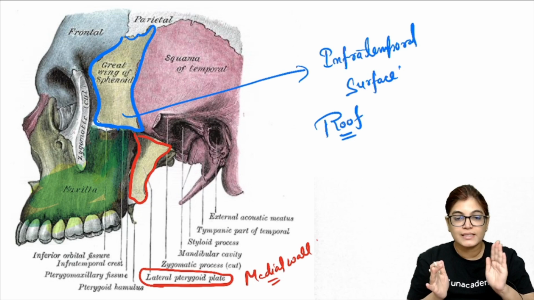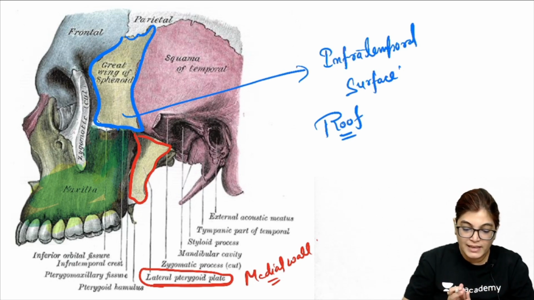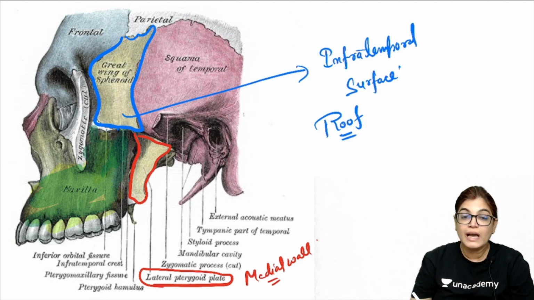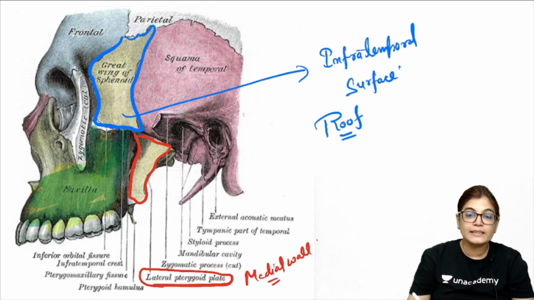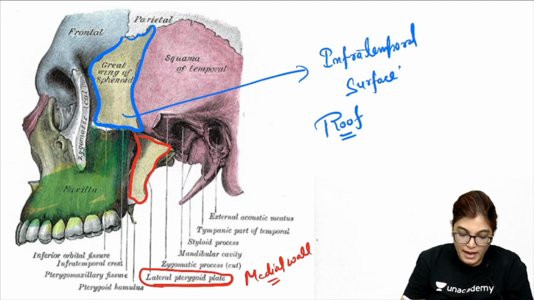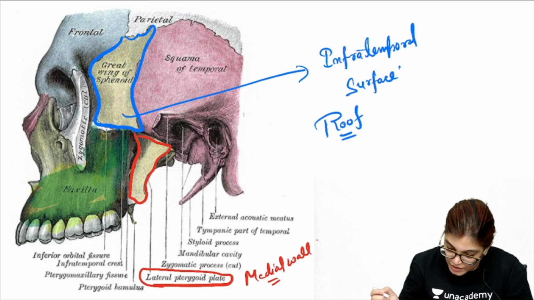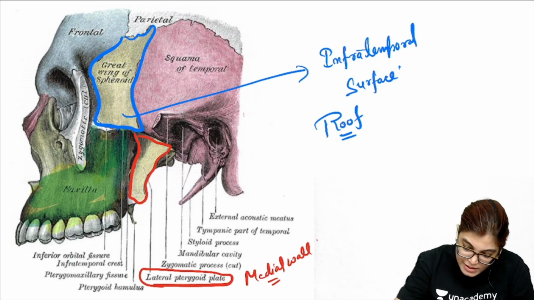So the maxilla is lying anteriorly, forming its anterior wall. Posteriorly, it is formed by the styloid process of the temporal bone. Here you can see the styloid process.